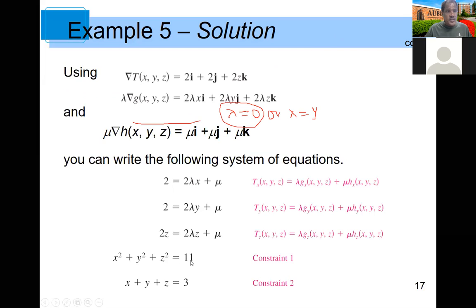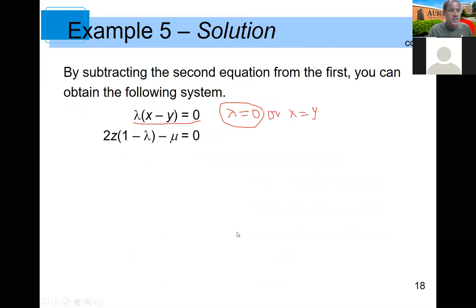And if lambda is 0, let me go back again.